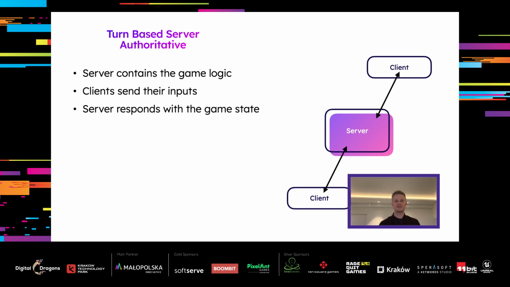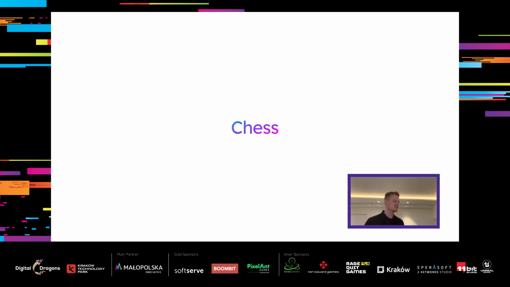And of course, the server needs to do that if we have no game logic on the client. The server has to do that 60 times per second in 60 FPS. There are some games that use this approach.